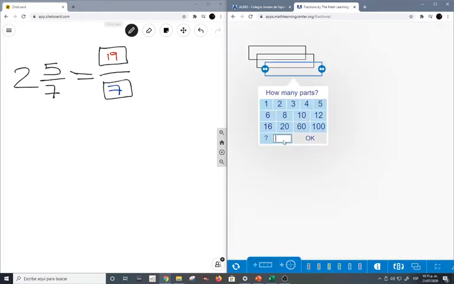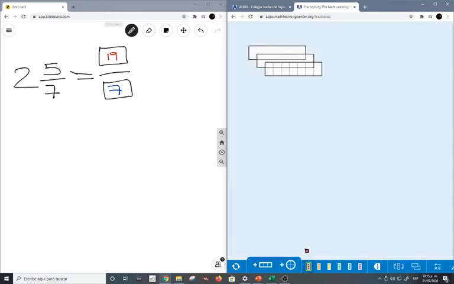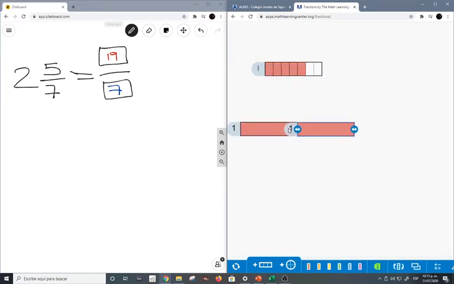So I divide it in 7 parts and I color 5 of them and the two complete units. Okay, so look, this is 2 and 5 sevenths.